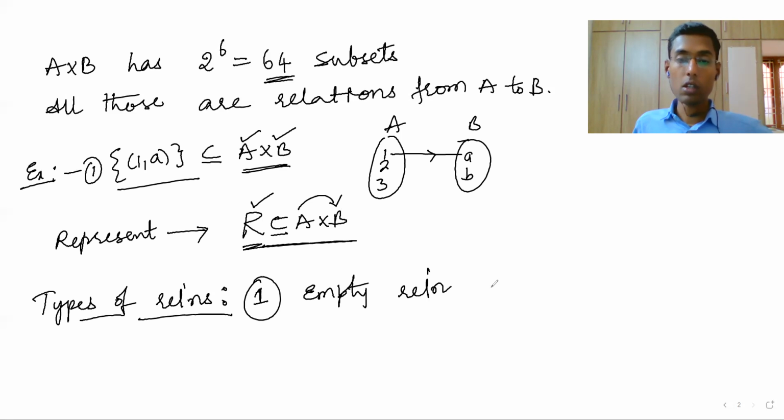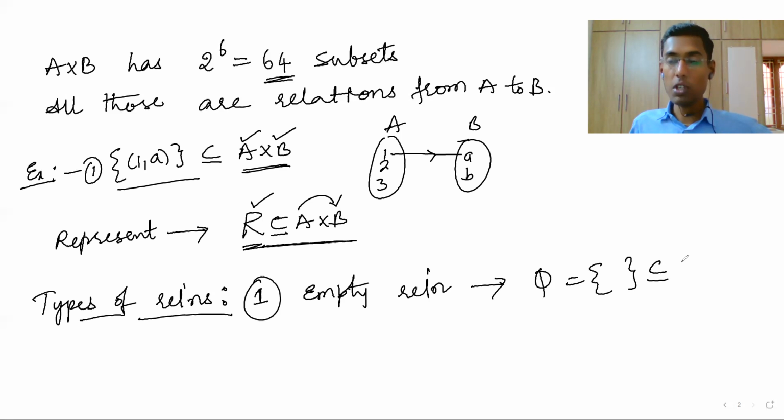Empty relation means phi, no element. If you choose no element, that is also a subset. This is a subset of every set, right? A cross B. So this is also a relation. This is called the empty relation, null relation, void relation, whatever.